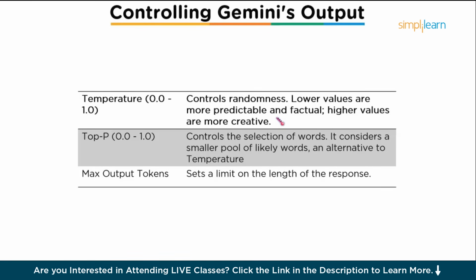Top P, also from 0 to 1, controls the selection of words by considering a smaller pool of most probable words, serving as an alternative way to influence the diversity of the output. And max output tokens, which sets a strict limit on the length of the generated response, allowing you to manage verbosity. By adjusting these parameters, you gain significant control over Gemini's generated content.